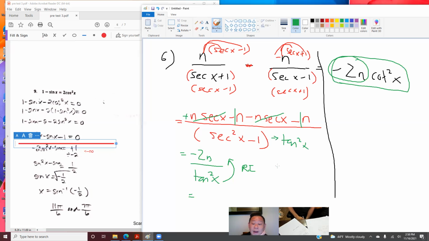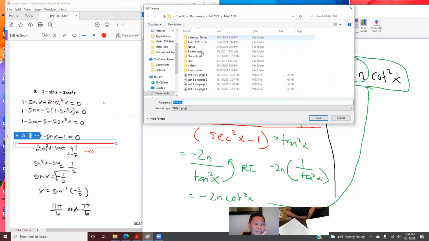So this is actually my negative 2n times 1 over tan squared x, right? Yep. And this is the reciprocal of what? Negative 2n of what? Cotangent squared. Yeah. Okay, that one was a lot harder. Not hard at all.